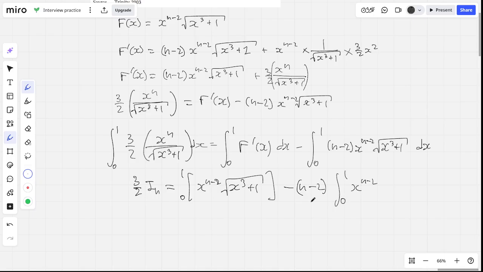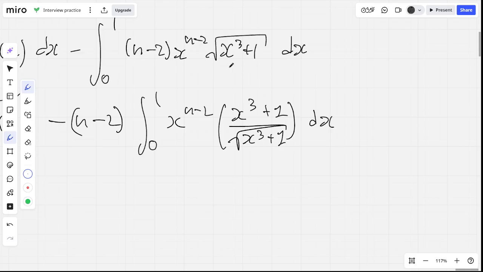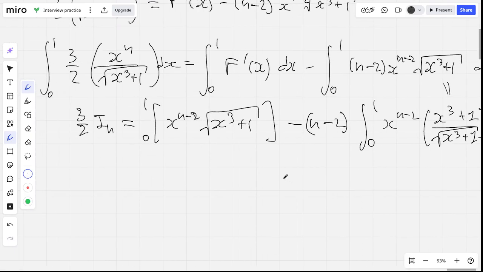I think this step is going to be very important, and it took me a lot of time to get here, but you kind of have to write this like this. This is the same as this, so it's not going to change much.